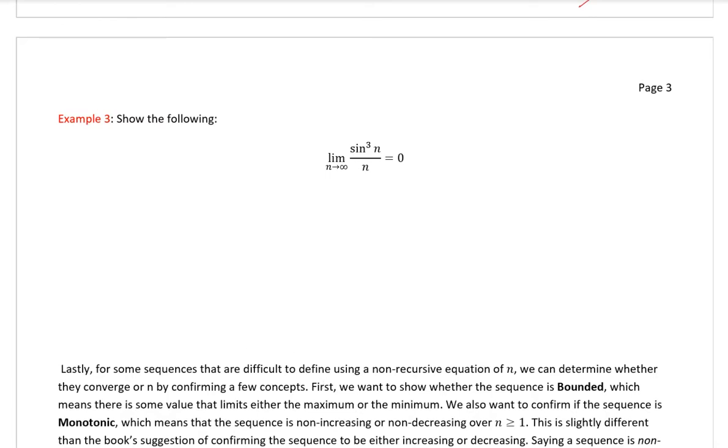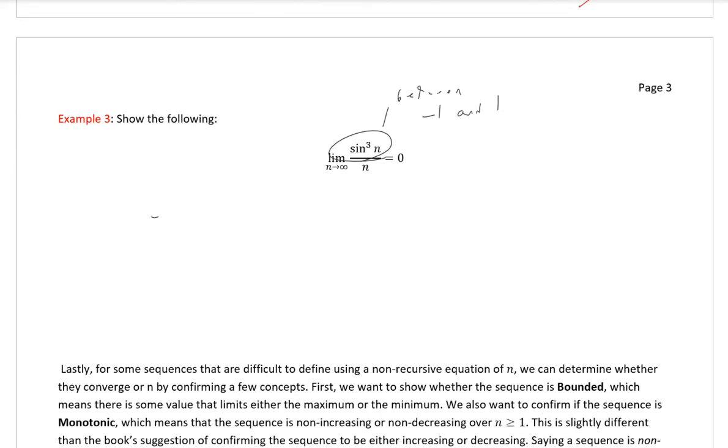This one, we just have the limit as n approaches infinity of sine cubed n over n equals 0. Well, if I think about what sine cubed n does, I know what sine of n does, and if I cube that, it still does the same thing. This bounces between -1 and 1 constantly.